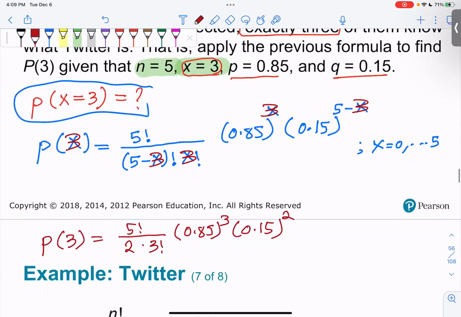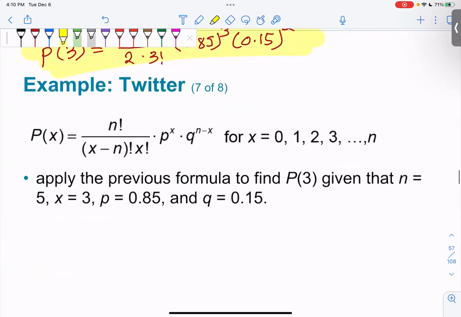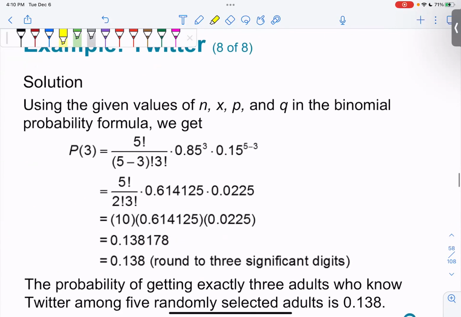So this is the value we are looking for. If you use your calculator, you can find this value. So this is one of the ways you can find this value. This is how to find it manually.